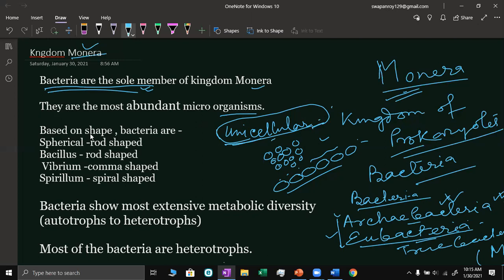And based on their shape, these are spherical bacteria. They are also known as coccus.